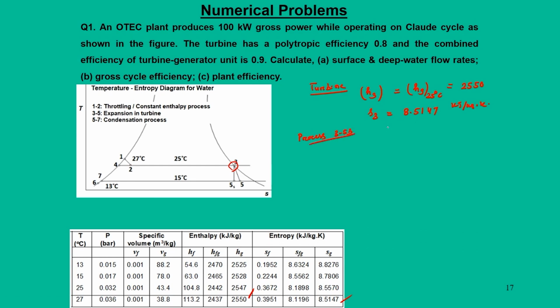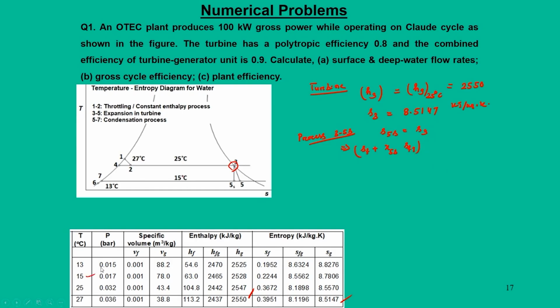We write S5s is equal to S3, which means SF plus x5s into SFG, available at 15 degree centigrade.